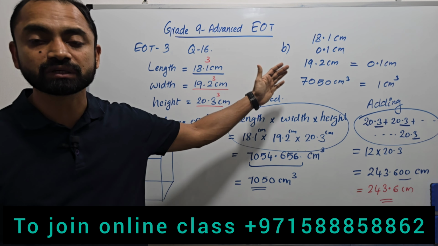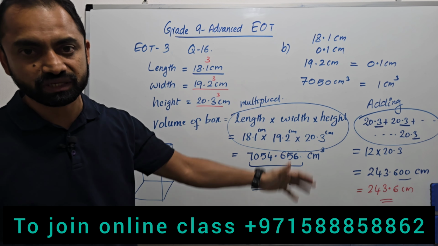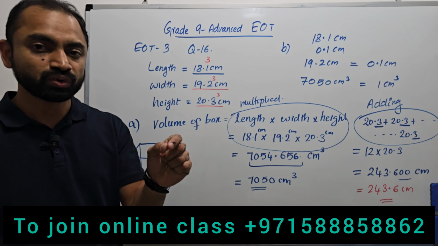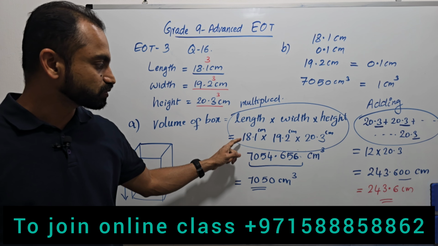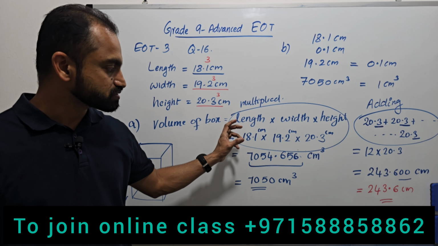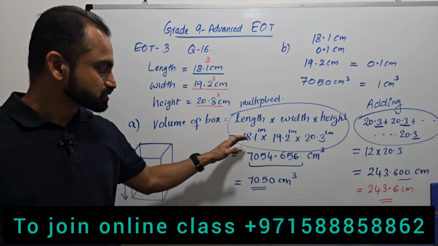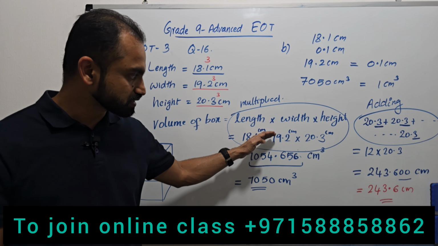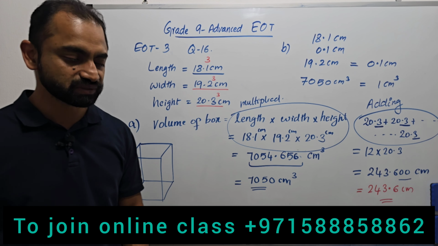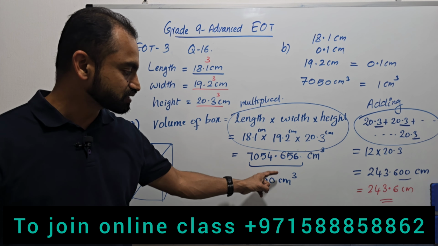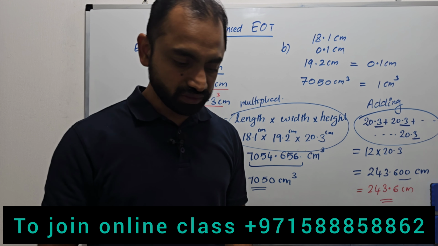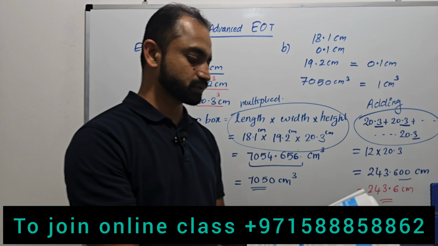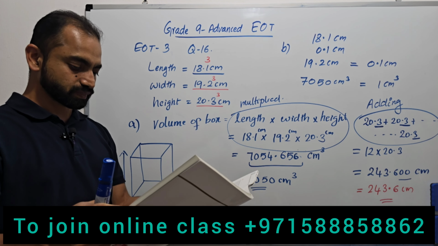But in multiplication or division, we do not count the decimal places. We need to count the number of significant digits. Here it is 3 significant digits, 3 significant digits, 3 significant digits. So we will write the answer in 3 significant digits.